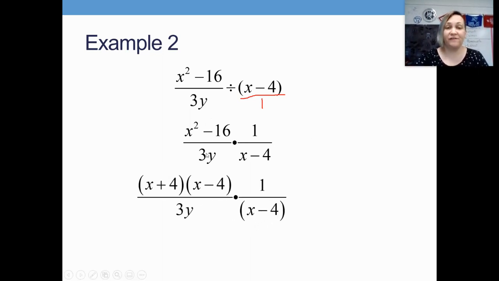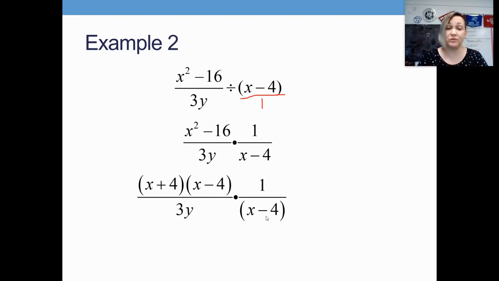Now, on the bottom of that first fraction, there was no adding or subtracting, so I don't need to factor, and I also don't want to put parentheses around that. So you only need parentheses around adding and subtracting problems. Same thing with this number 1 up here. Now, on the bottom of the second fraction, x minus 4, that's not factorable, but it does have a subtraction sign, so that's why I did throw some parentheses around it.